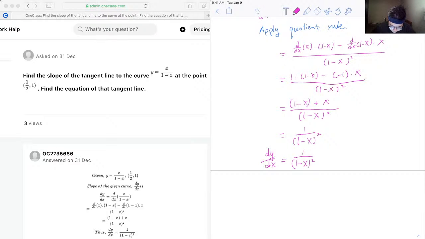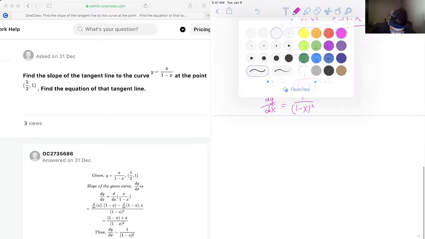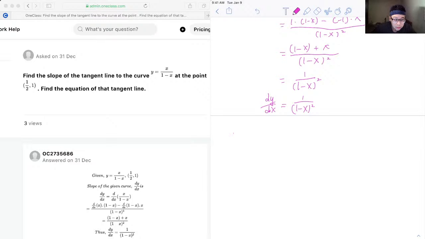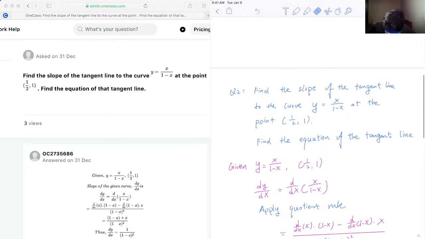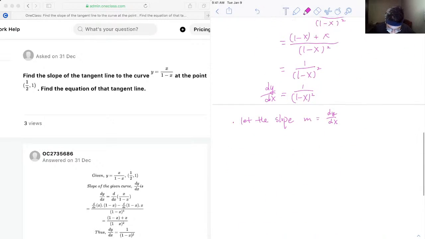Now let's use m to indicate the slope. m is equal to dy dx, and we're looking for the slope at 1 over 2 and 1.